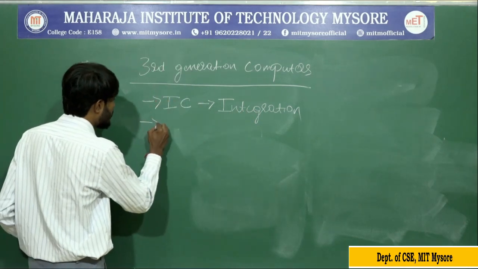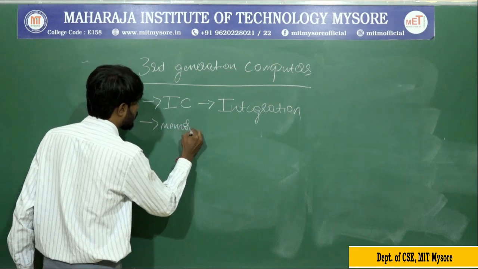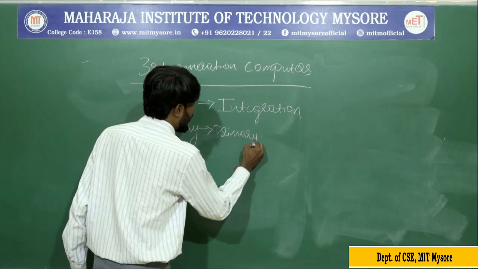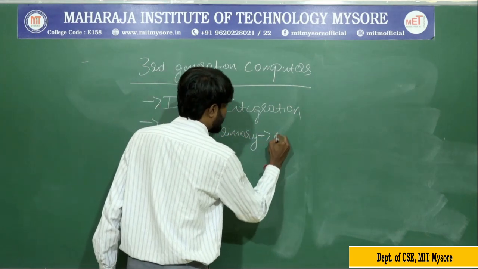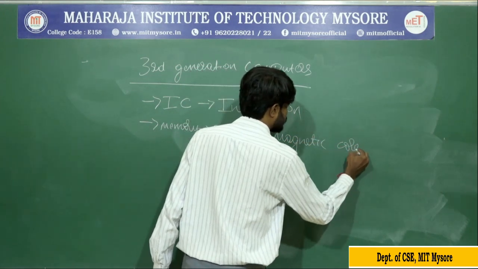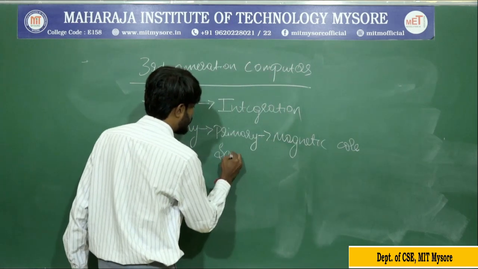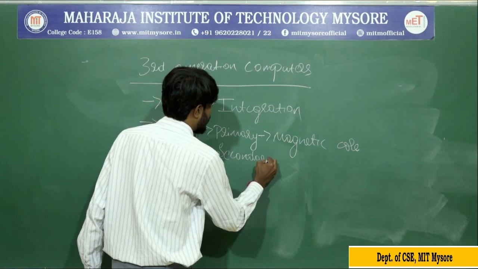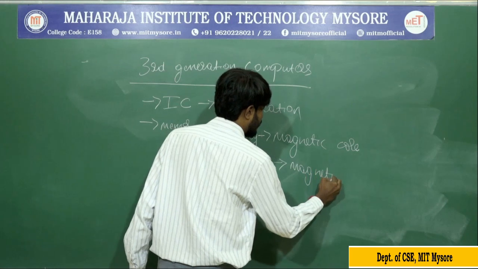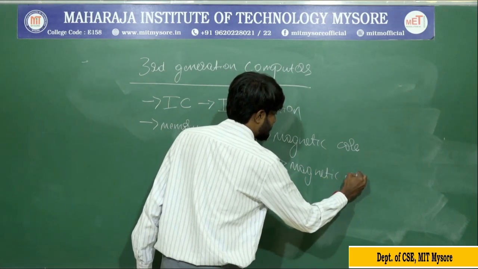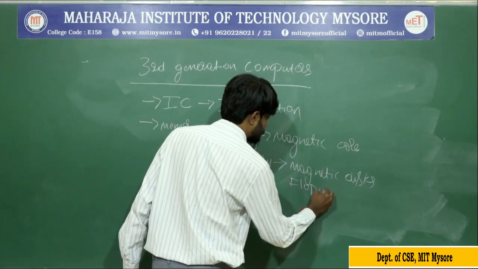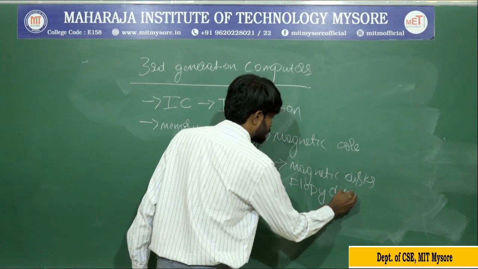The primary memory is again made up of magnetic core, and the secondary memory is made up of magnetic disk and floppy disk.